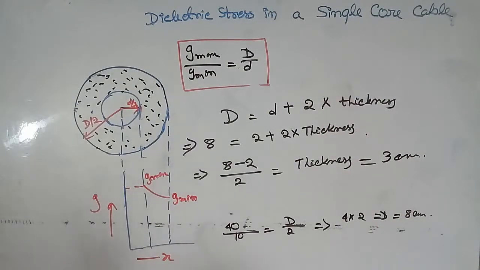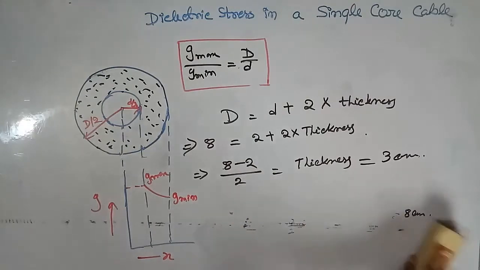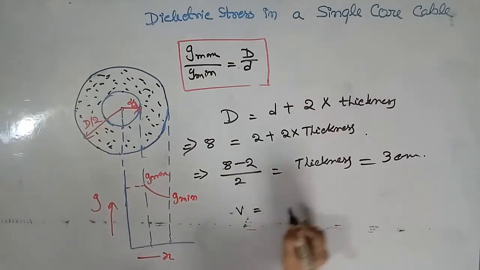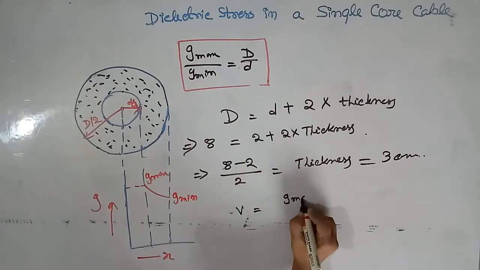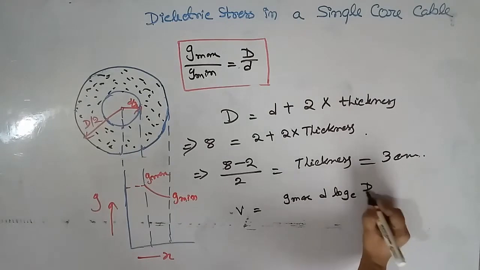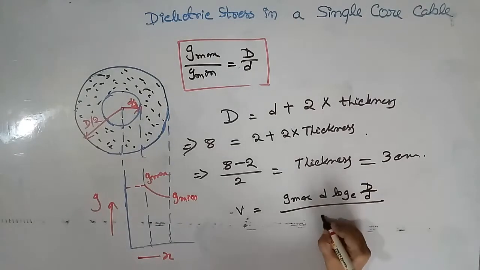Okay, now we determine the value of voltage. So from the formula, V is equal to G max small d log e capital D by small d by 2.